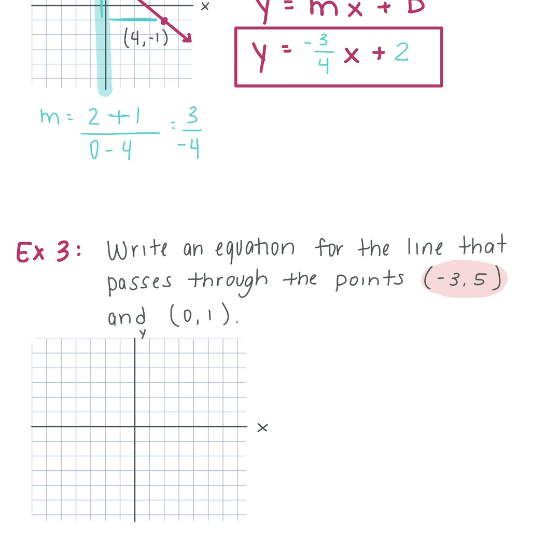So I go left 3, 1, 2, 3, up 5, 1, 2, 3, 4, 5, and plot my point. And then if I'm plotting 0, 1, I'm going over 0, up 1. So I'm plotting a point right here. And that allows me to kind of see what I'm working with.